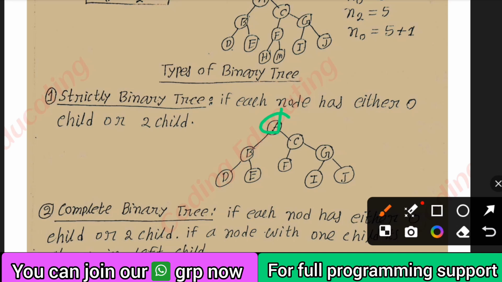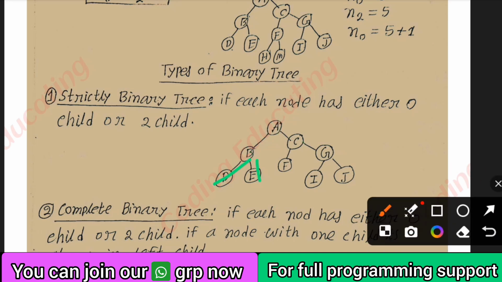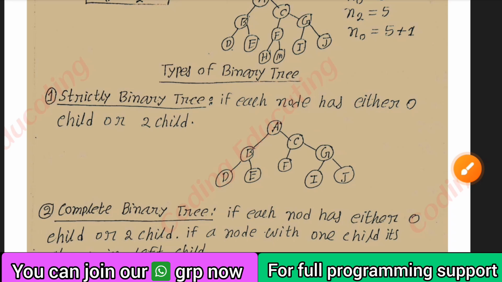So you can see A has B and C as 2 children, and B has D and E as 2 children, and D, E, F, I, J have no child. There is a 0 child. And after that C has 2 children. So this is strictly binary tree.